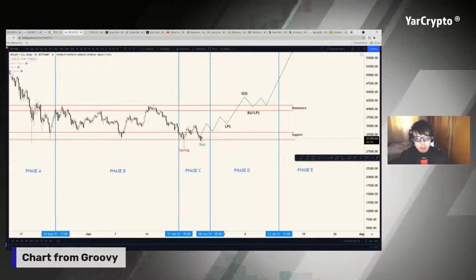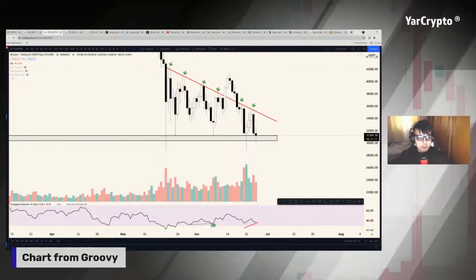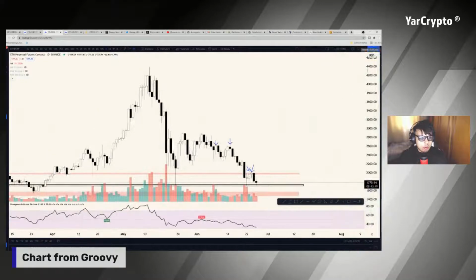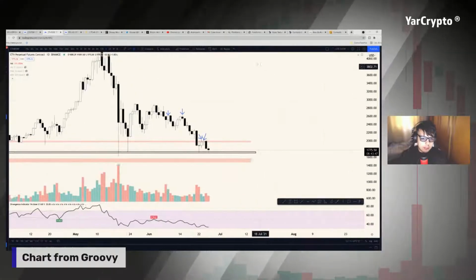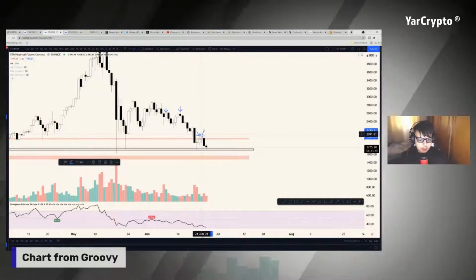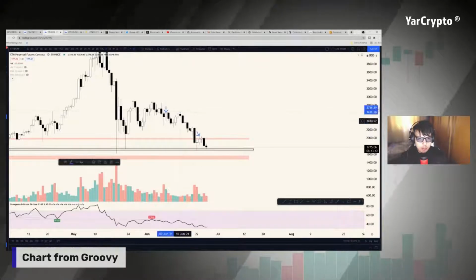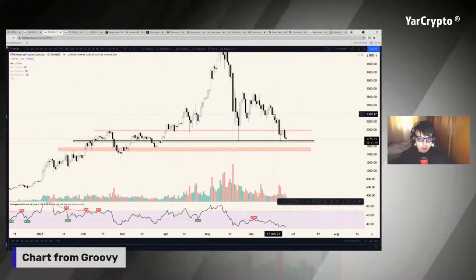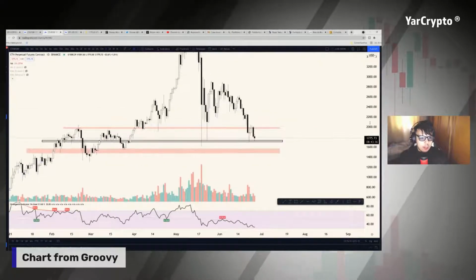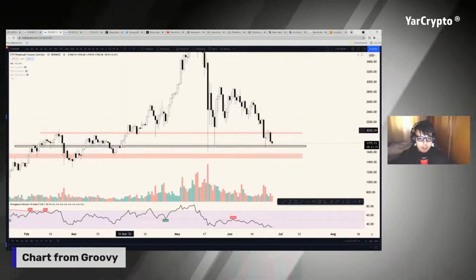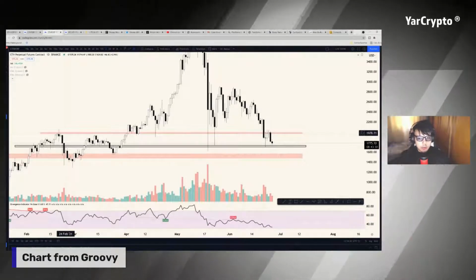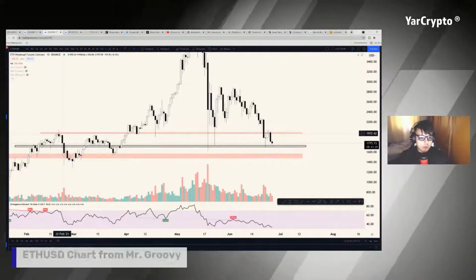Now looking at Ethereum, I actually have a chart on Ethereum here as well, and let me just clear up this chart for you guys. Have a clear understanding of what's going on. So as you guys know, we had this range here on the 1900s, 2k level for Ethereum, strong resistance.